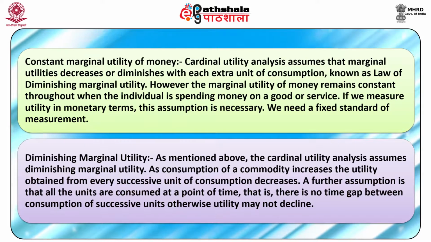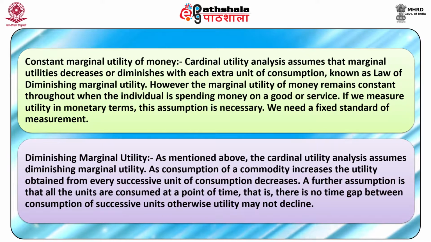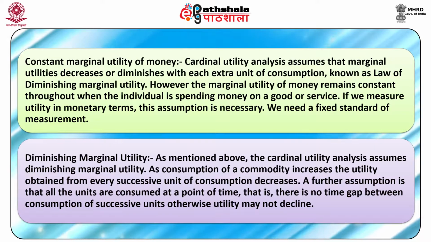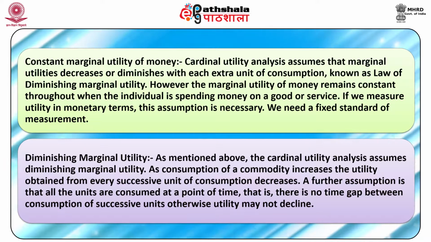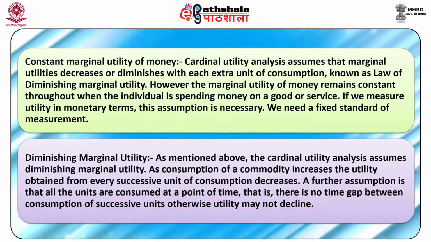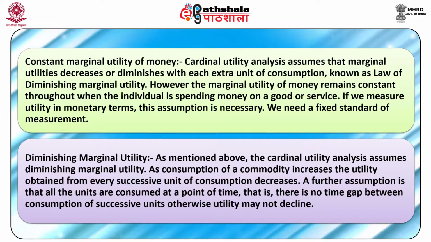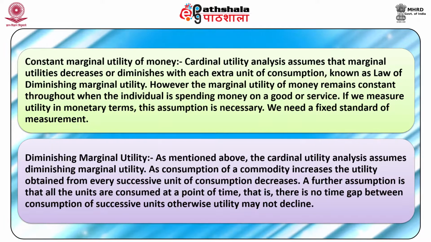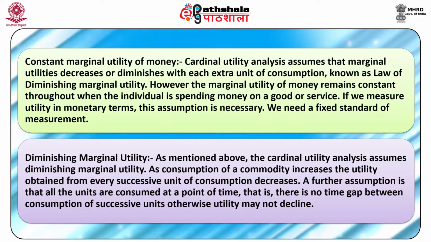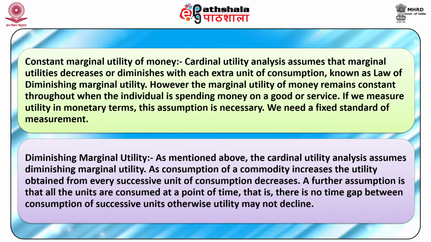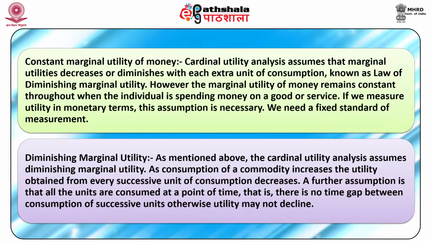When we are measuring utility in monetary terms, it is necessary, at least for the time being, to assume that there is constant marginal utility of money. That means marginal utility can be measured in absolute terms, but for expressing it we need some kind of medium. If that medium is money, then to begin with at least we are assuming that the marginal utility of money itself is constant.